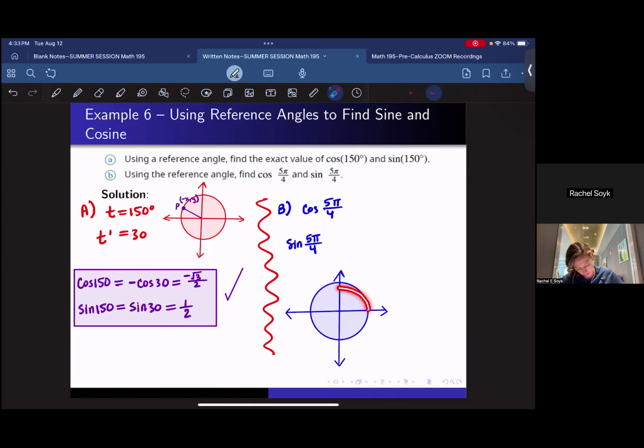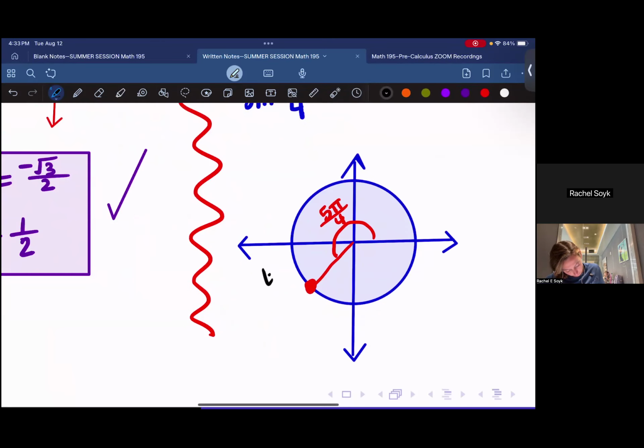So this is 4 pi over 4, and then we have 5 pi over 4 over here, which means our reference angle is just pi over 4.